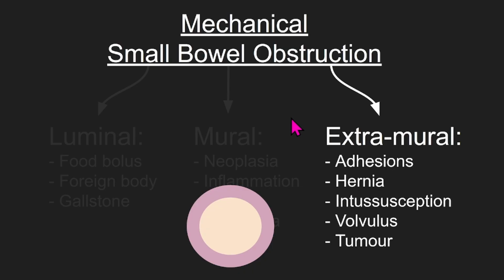Then we should talk about intussusception, so the telescoping of bowel within its own lumen, often associated with a pathological lead point. Volvulus, which is the twisting of bowel on itself. And tumor, so any sort of swelling, whether benign or malignant, inside the abdominal cavity can extrinsically compress bowel and cause a transition point and therefore cause mechanical small bowel obstruction.